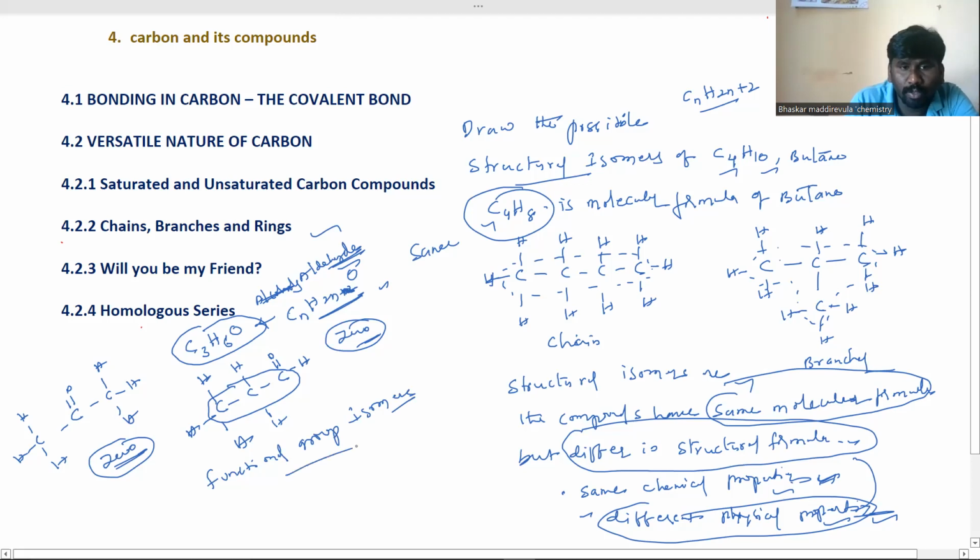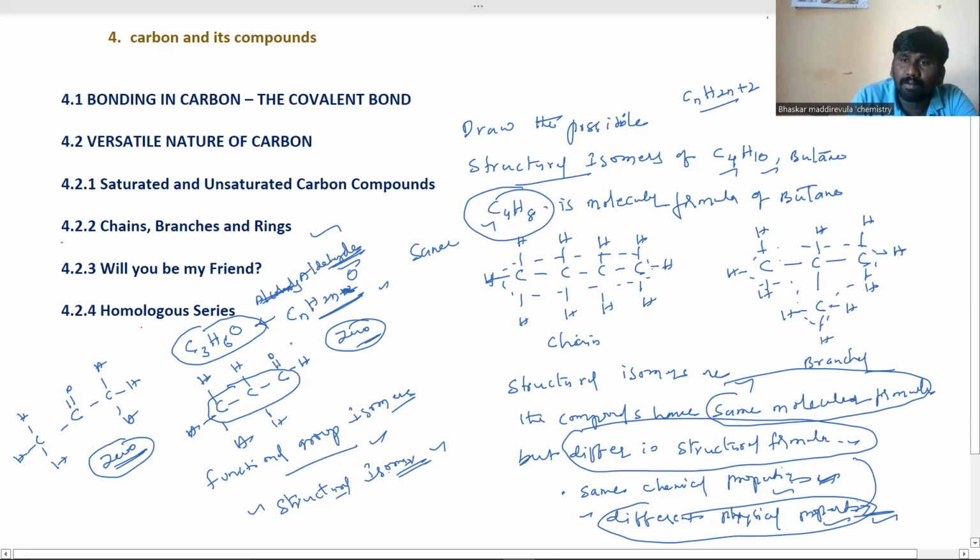These functional group isomers we can also consider as structural isomers: same molecular formula but different functional group. But we can't write chain isomers like this, having the same molecular formula but different structure. We can write the functional group isomers by using this formula.